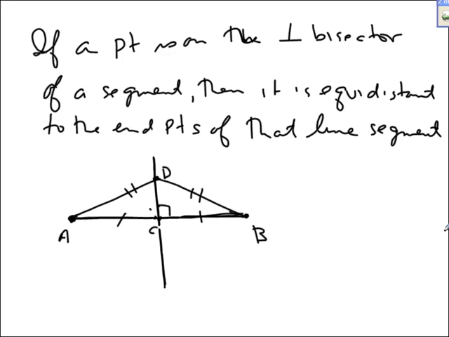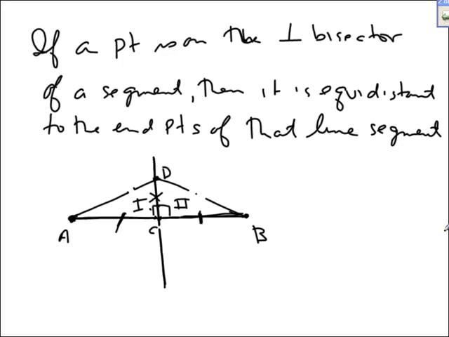And to prove it, it's a pretty easy proof, because we're given the right angle. So now we have 2 triangles, one on the left, one on the right. And what do we know about these 2 triangles? Well, we know that AC in triangle 1 and BC in triangle 2 are equal. And CD equals itself, and that's in 2 triangles. And they both have a right angle.